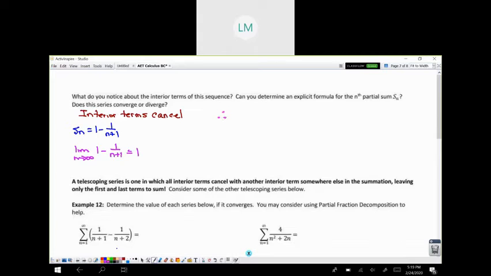Therefore, this series converges to 1 by the telescoping series test.